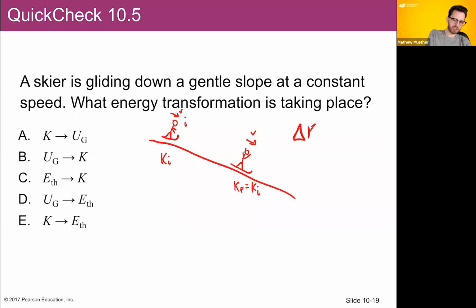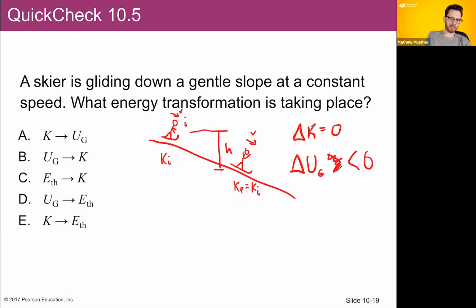That tells us that the change in kinetic energy is equal to 0. But we can see that this skier is going to drop some height h as it goes down this slope. So that tells us that the change in gravitational potential energy is less than 0, right? I'm losing gravitational potential energy as I go.